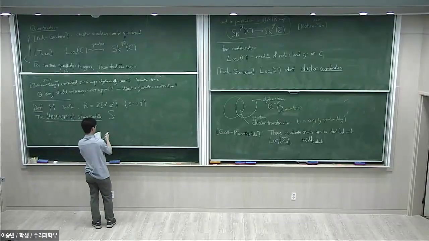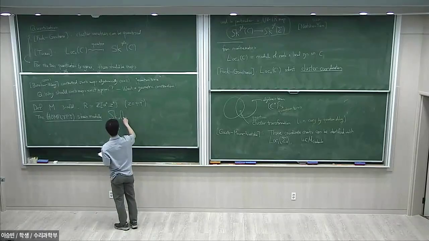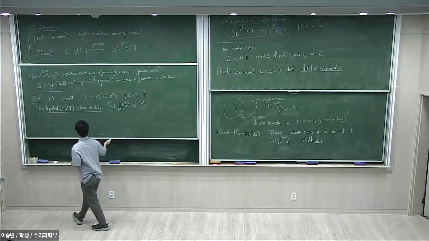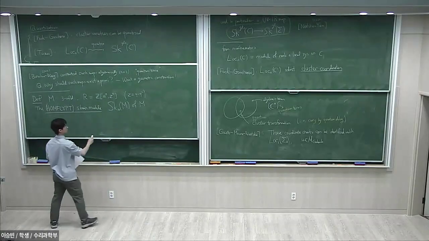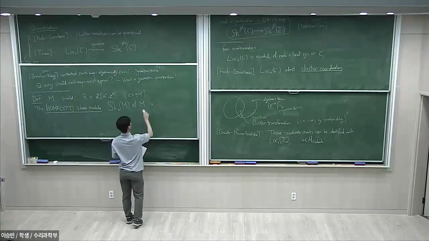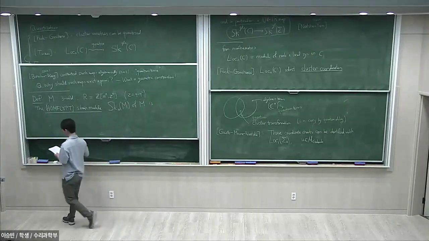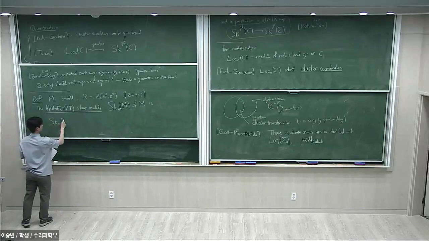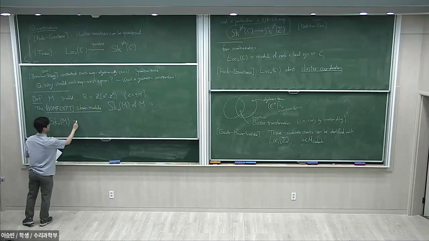The HOMFLYPT skein module, denoted K of M, is the following R-module.